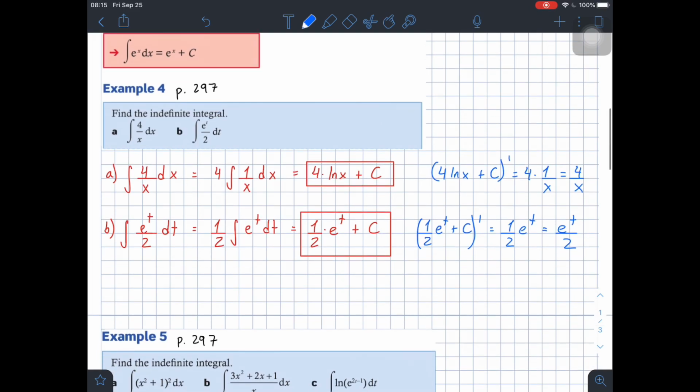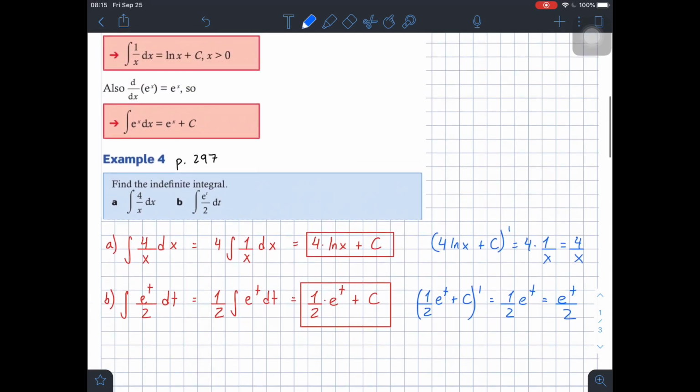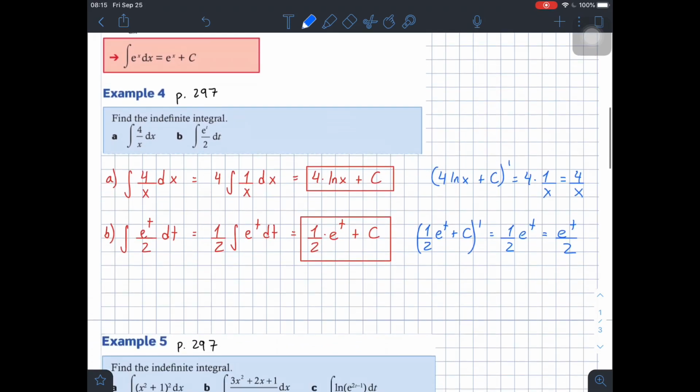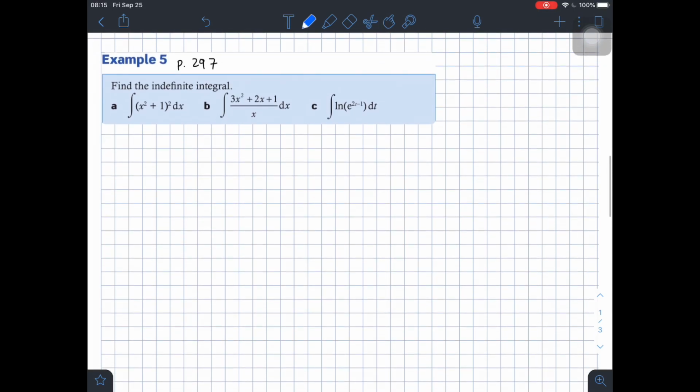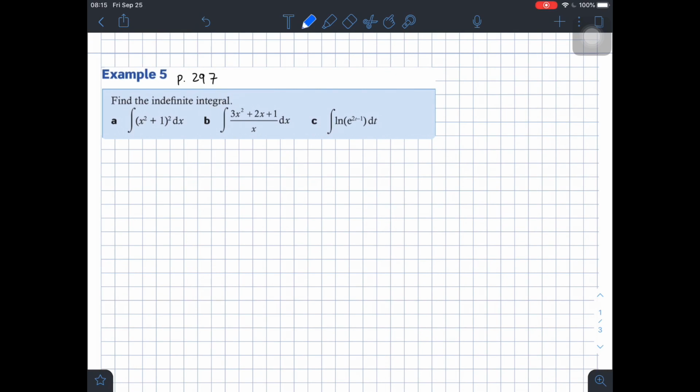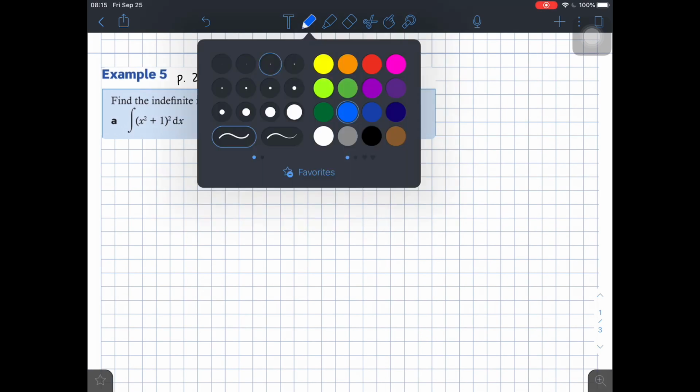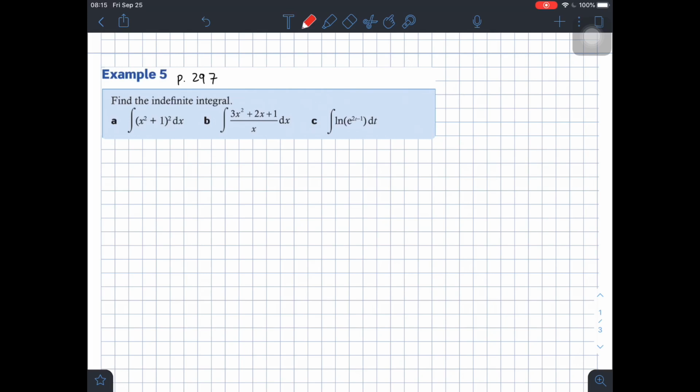Okay, so these were two simple examples of how to apply these new integral rules. Now let's see some a little bit more complex examples. Example 5. It says find the indefinite integral, and we have these 3 expressions here. Whenever I have these types of problems, I should first try to think if I can simplify something in order to make the integral a little bit easier.